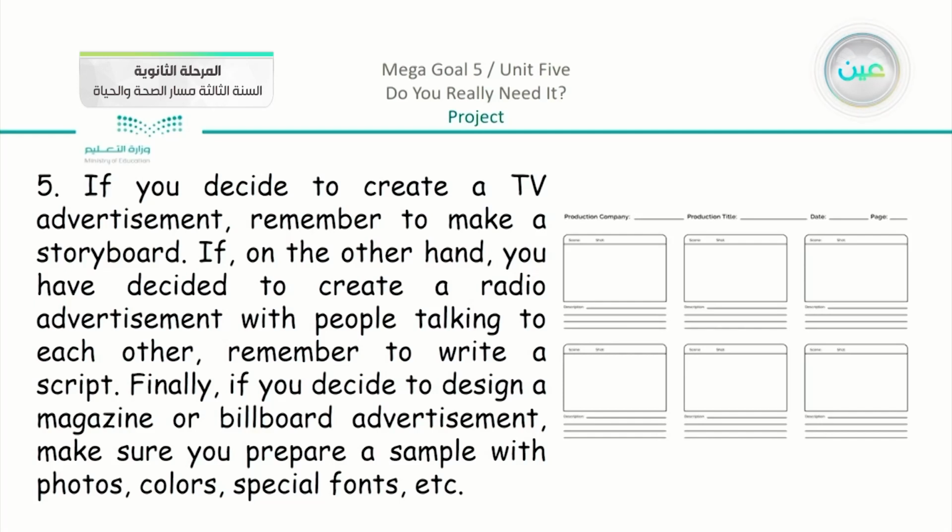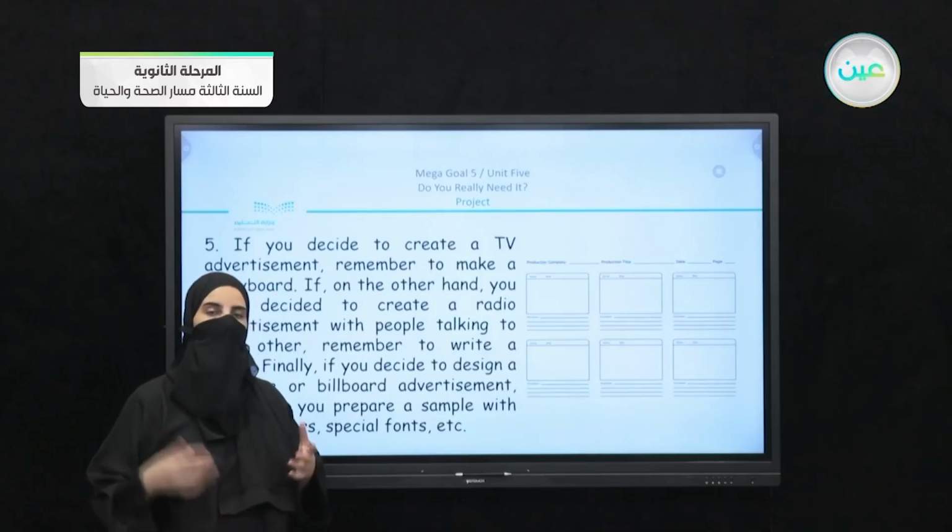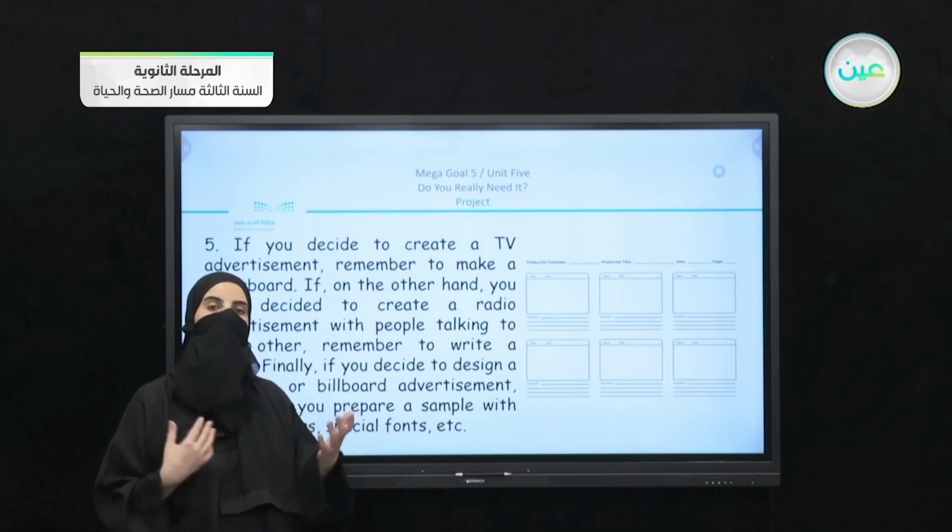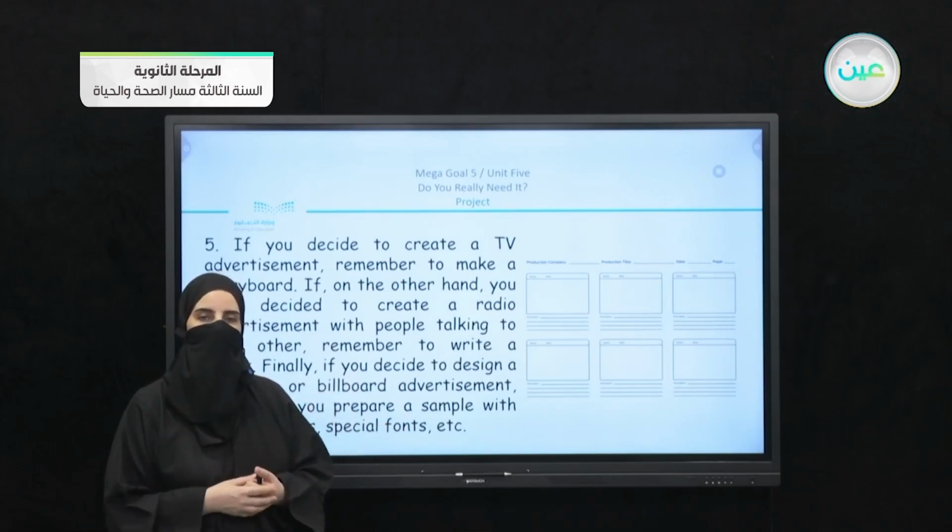So whether you are going to use this type of storyboard in your advertisement, you are going to make a TV commercial or even a radio advertisement, remember that you do have to write a complete script. It's like a conversation between the people or the members that you are going to join in the advertisement here.